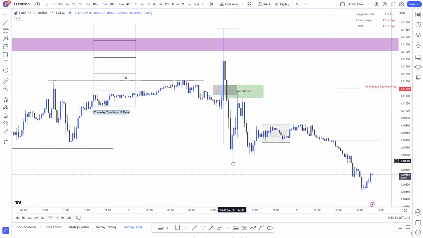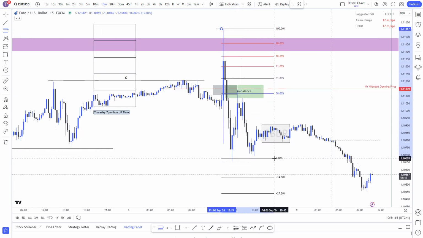The valid low is here because we've got a candle which is lower than this candle and the candle on the other side of it. So now we have a valid trading range. So we can measure the entirety of this range.